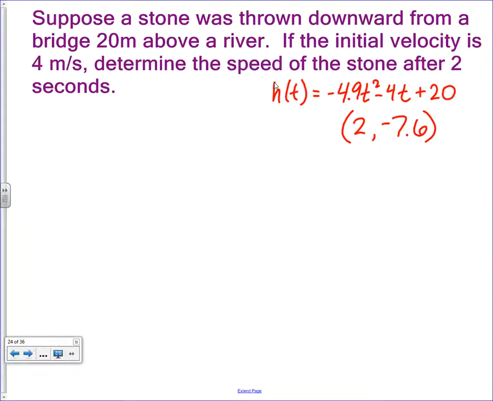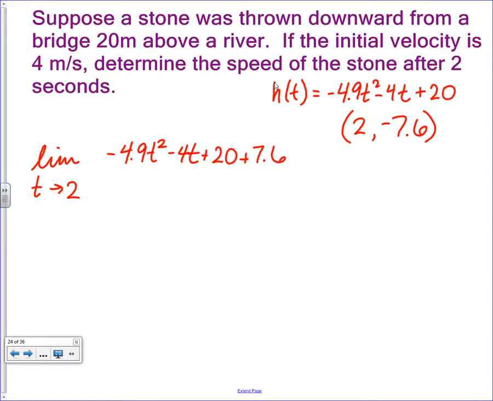Okay, so here we go. The limit as t approaches 2 of my h of t minus my h of 2. So really this is going to be a plus.